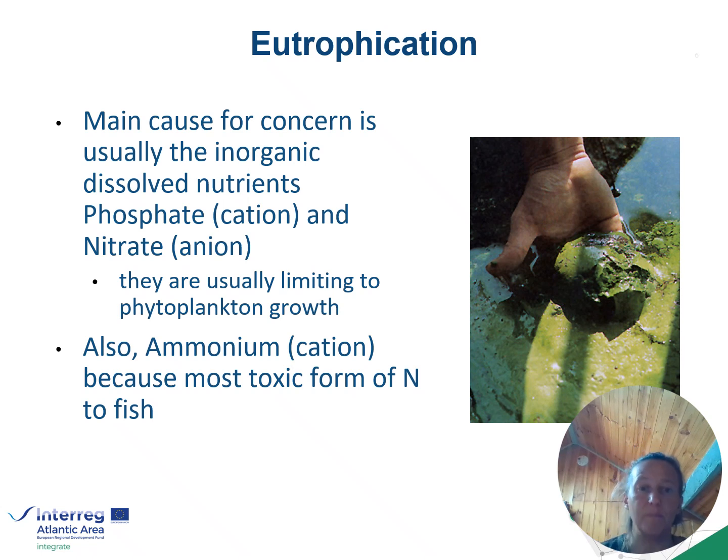And so an input of these nutrients to the phytoplankton often results in an explosive growth, which is often referred to as a bloom of phytoplankton, and then the knock-on consequences of that, which cause eutrophication. And we're also quite often concerned with ammonium, which is a cation, because it's a toxic form of nitrogen, particularly to fish.